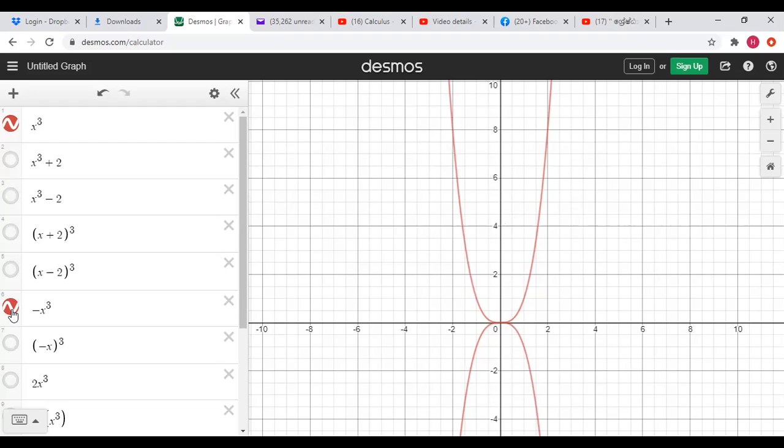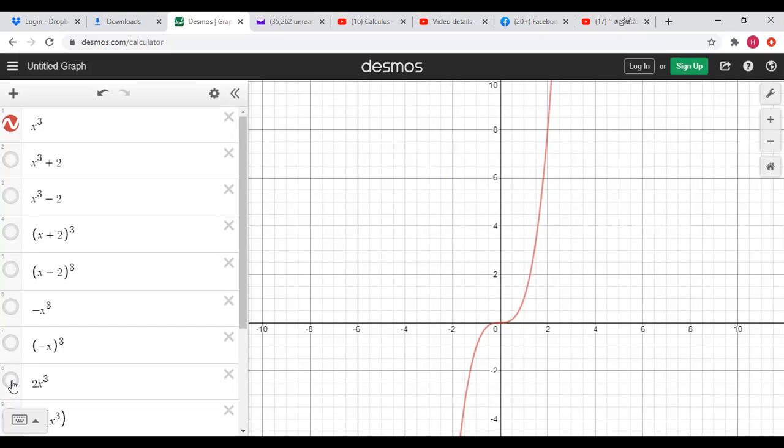This is reflection about x-axis. Reflection about y-axis is this one. See, it's the same thing. Reflection about x-axis of x cube is same as reflection about y-axis. Right? Okay.